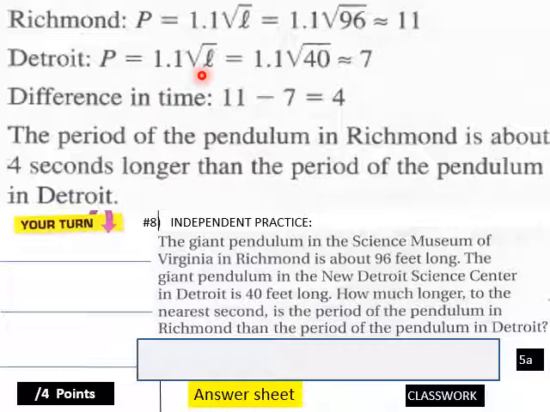And then Detroit would be 1.1 times the square root of 40, which is approximately 7. So the difference in time would be 11 minus 7, which is 4 seconds. The period of the pendulum in Richmond is about 4 seconds longer than the period of the pendulum in Detroit. So there is your solution to this question.